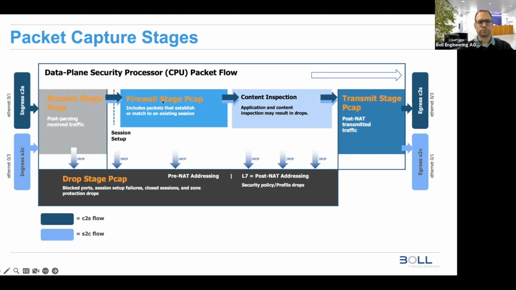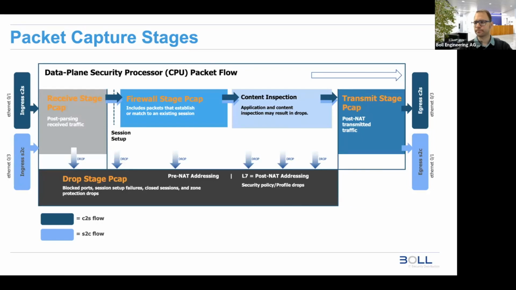This means that the packet didn't make it to the firewall stage. So it already has been dropped because of some tests here at the receive stage. But in our case, we have seen the ICMP packet on the receive stage, on the firewall stage, and then on the drop stage. So the firewall stage was in place. So it's not the receive stage that has dropped the packet, but later on something at or after the firewall stage.